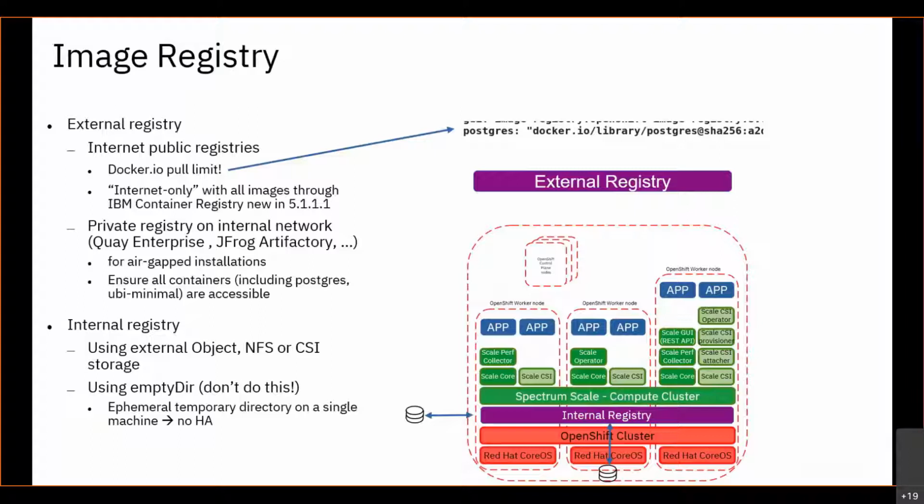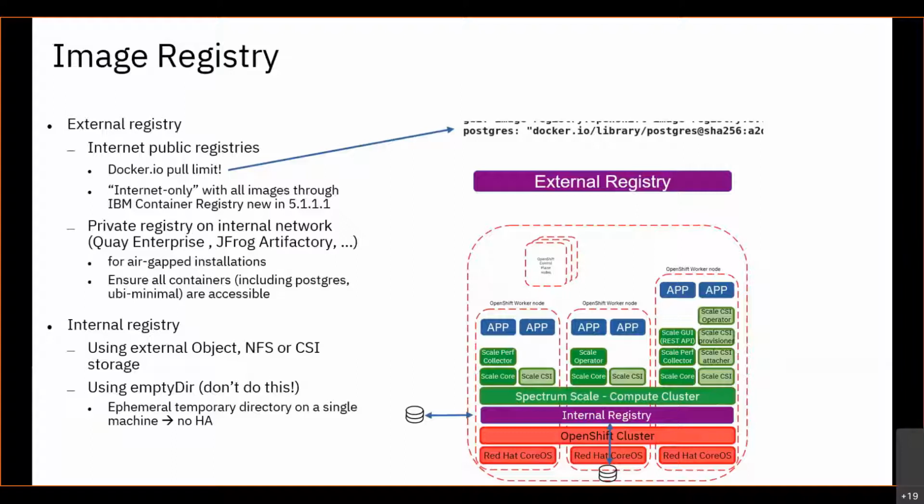I mean, internal registry from an OpenShift perspective is the registry running internally in the OpenShift cluster. And you can do that two ways. One way is to consume external storage, like preferably object storage according to Red Hat documentation, but you could, at least for test installations, also use NFS or even CSI storage.